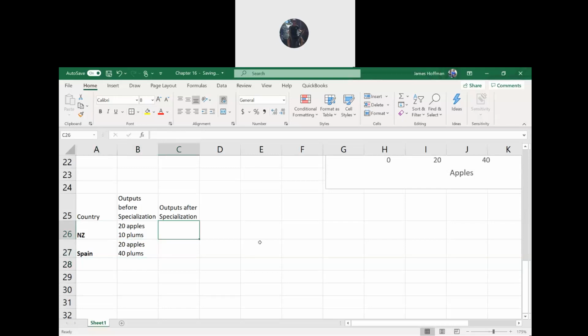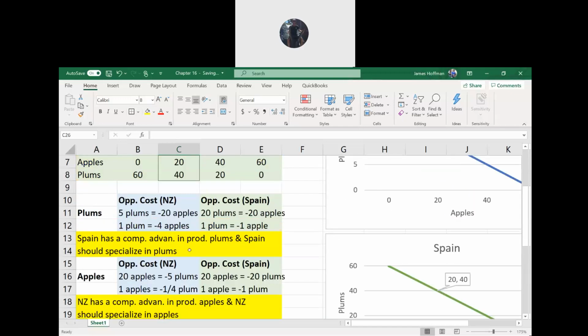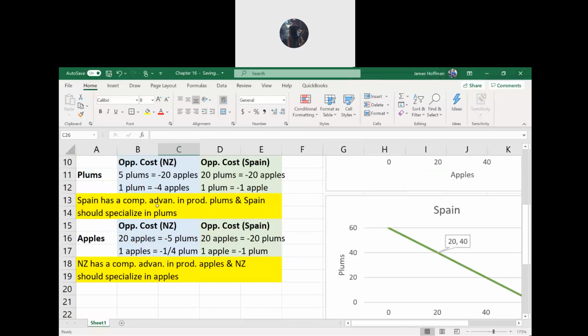All right, now let's do specialization. One country is going to produce all of one good and none of the other, and then vice versa. We've already determined that Spain has a comparative advantage in producing plums, and Spain should specialize in producing plums. So that means they're going to produce no apples and all plums.